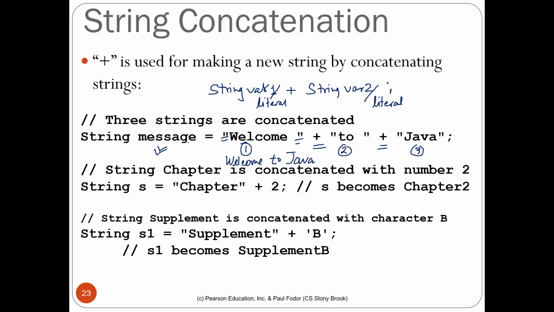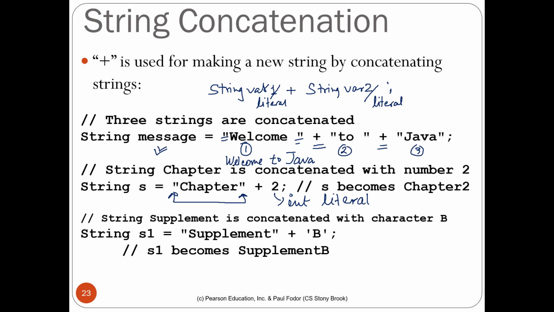Alright, so now let's look at something interesting. What will happen? Here I said that if you have a string on the left hand side of plus and a string on the right hand side of the plus, then the result is string concatenation. Well, if you have a string on one side, but 2 is not a string, it's an integer literal. What will happen if you concatenate a string literal with an integer?